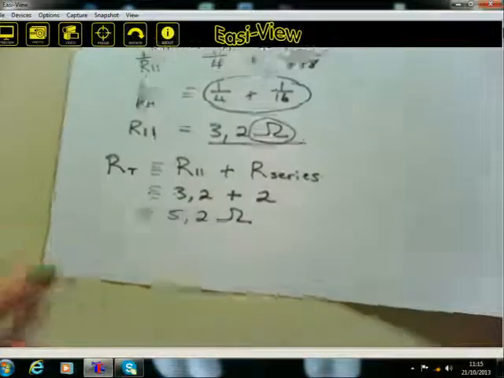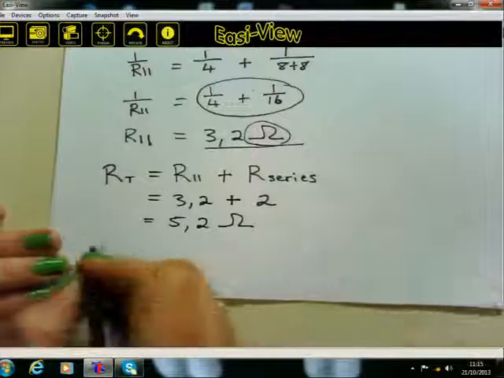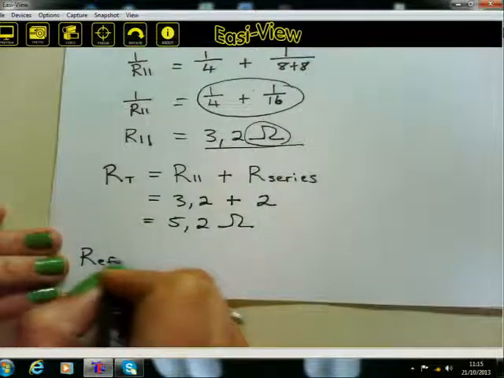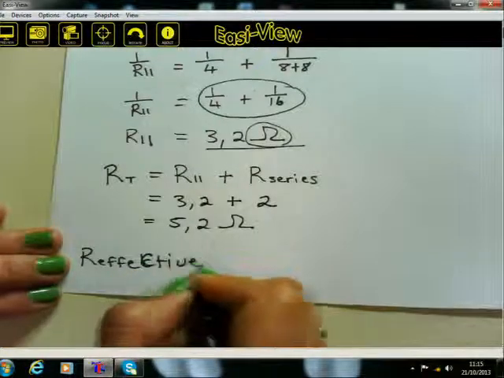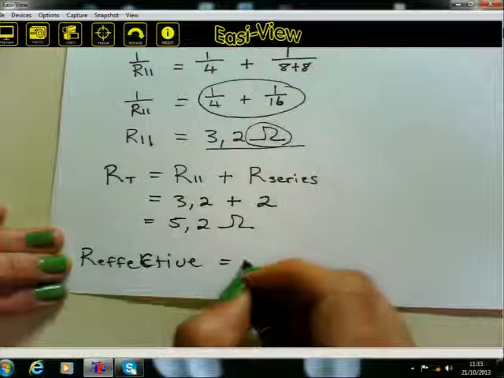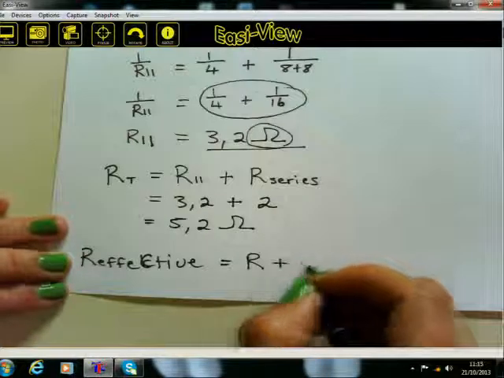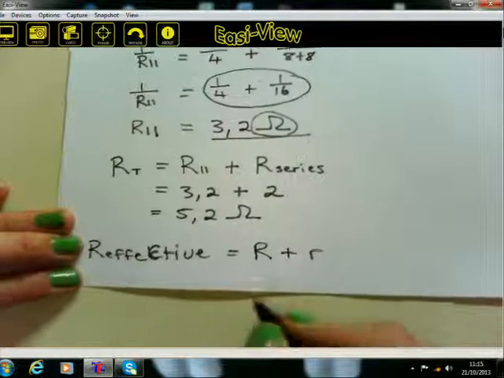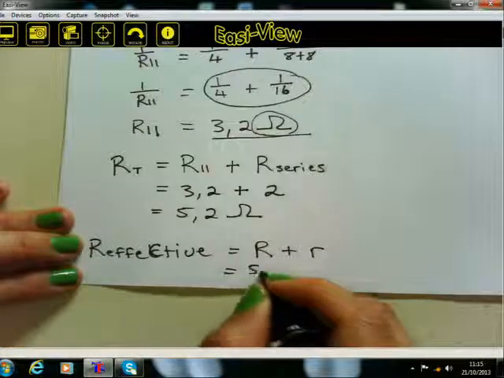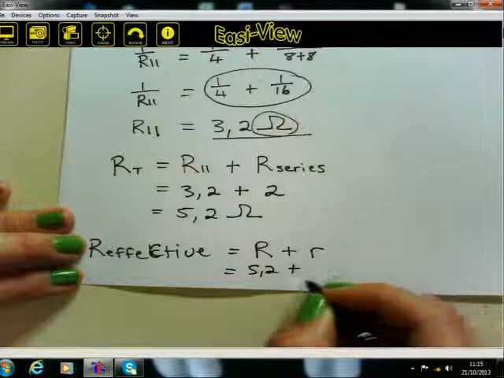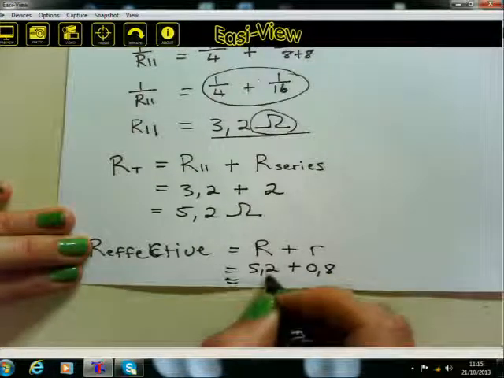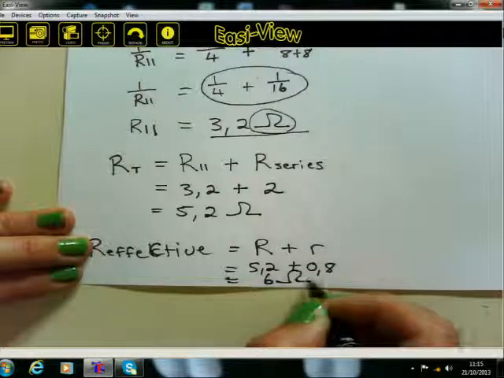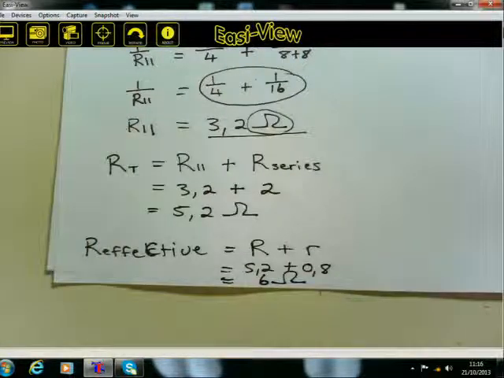So if we add the internal resistance, then we say R effective, oops, that's with a C, is equal to R external plus R internal, and that equals 5.2 plus 0.8, and that is 6 ohms. And you will receive all your marks.